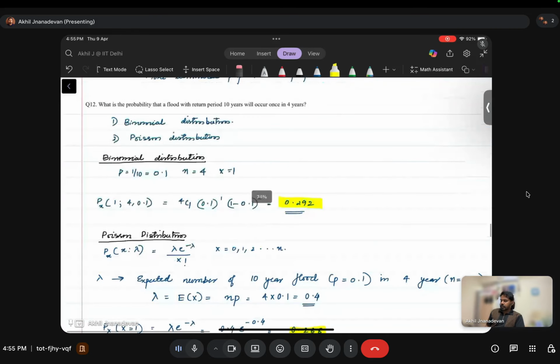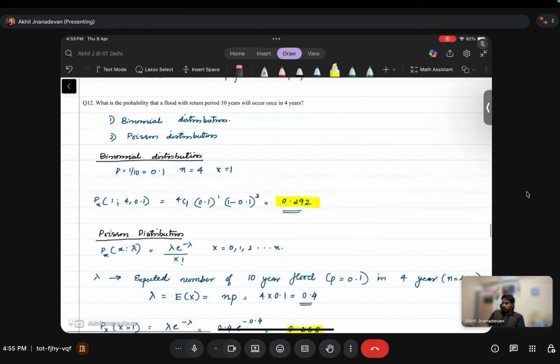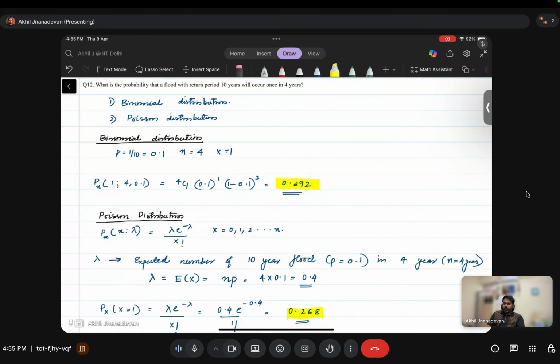Okay, so it's a matter of which distribution we assume that our data will follow. If we assume that the occurrence of floods will follow a binomial distribution, with that assumption we will come to a probability of 0.292. If you assume that the distribution of the number of occurrences will follow a Poisson distribution, then it's coming around 0.268.